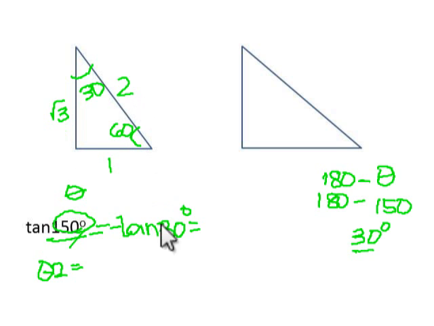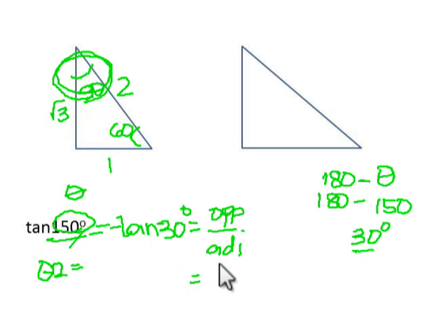Okay? Now, tangent ay anong ratio? That will be opposite over adjacent. Okay? Now, pasok tayo sa triangle. 30 degrees. So, titingin ka ngayon sa 30 degrees. Ano ang opposite dyan? That will be 1 over adjacent, square root of 3.